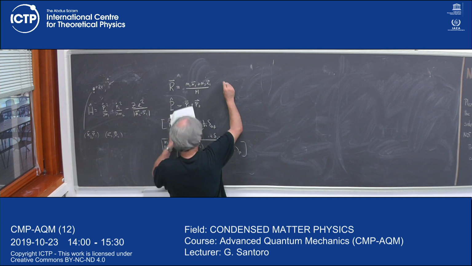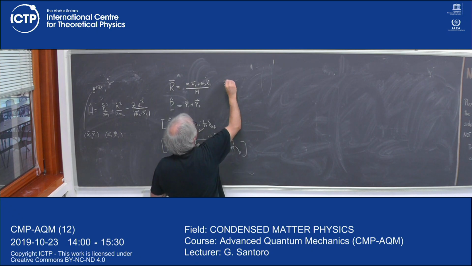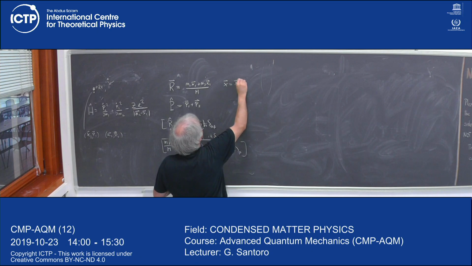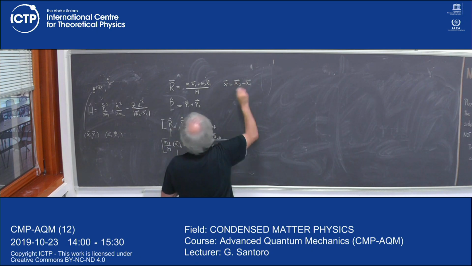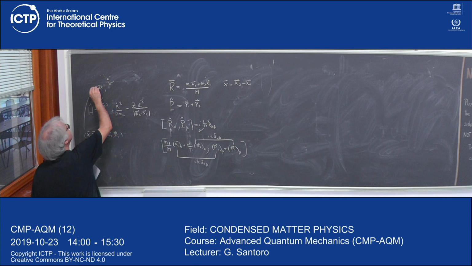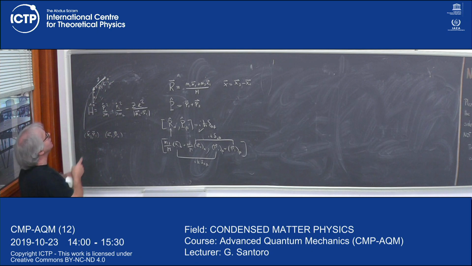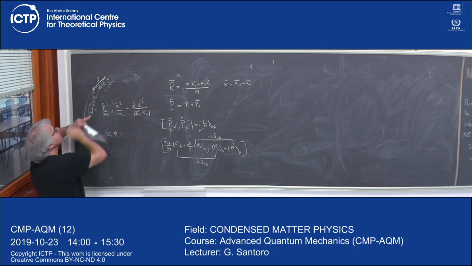Then, if I ask you, tell me the relative coordinate, how did I indicate here? X. Well, that's simple. x2 minus x1, okay? If I have this, say, x1, there is a common origin, this is x1, this is x2, x is this, the relative vector, right? x2 minus x1.